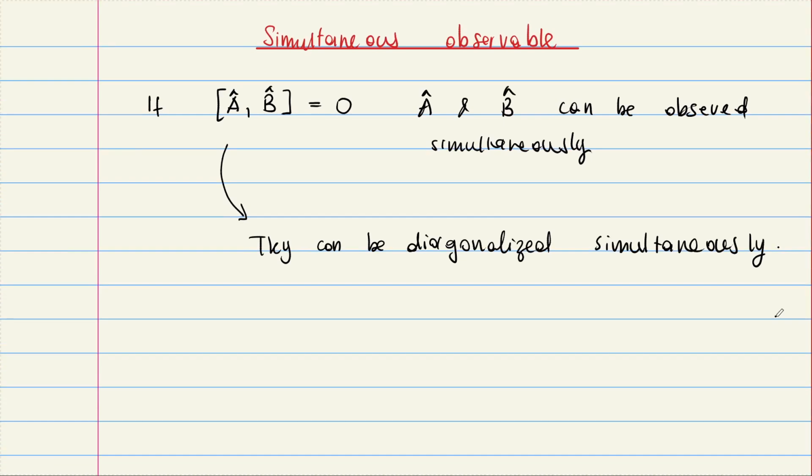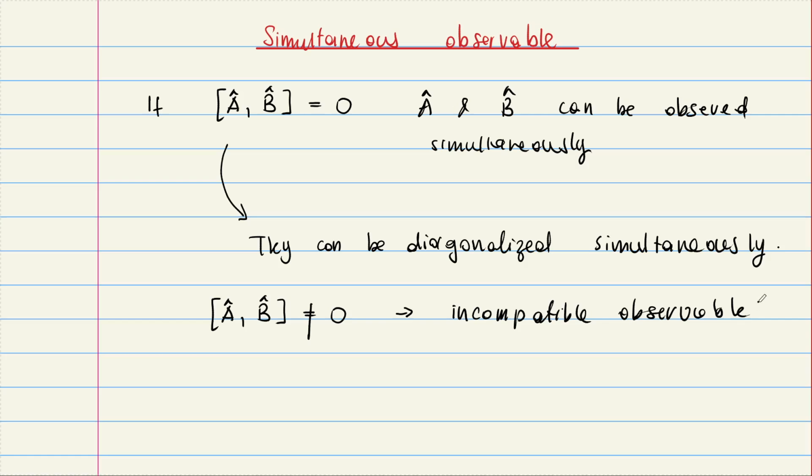Okay? And if that's not the case, suppose [A, B] is not equal to 0, then we cannot measure these two things. And we are going to call these incompatible observables. Good. So I want to prove these things in a couple of steps.